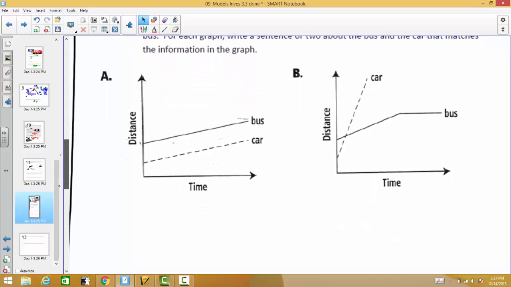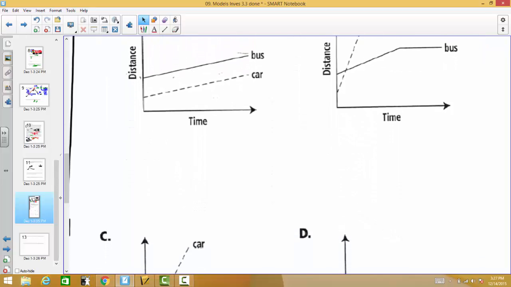Okay, we're going to write a little story about this situation, and there's multiple of these with buses and cars. So in this, the bus and the car are traveling the same distance because they're parallel lines over time. So the bus is ahead of the car.